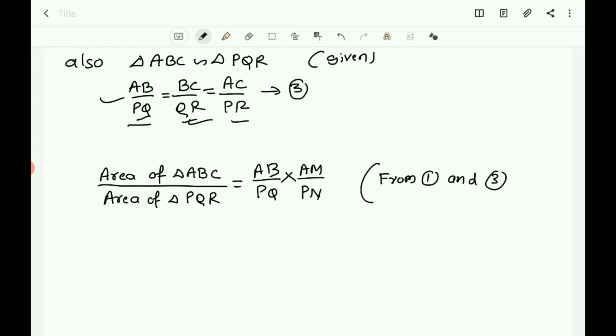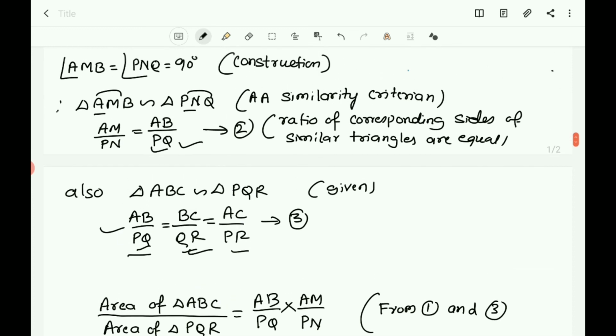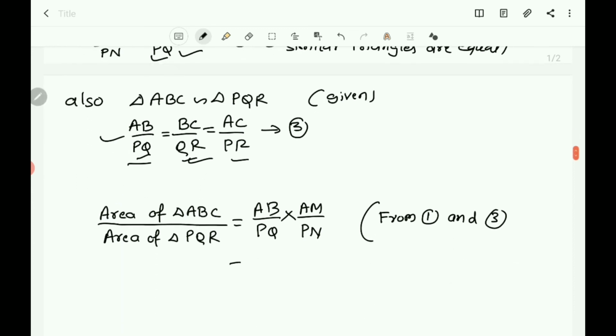Now also you know that AM by PN is equal to AB by PQ. From the second, both are AB by PQ.